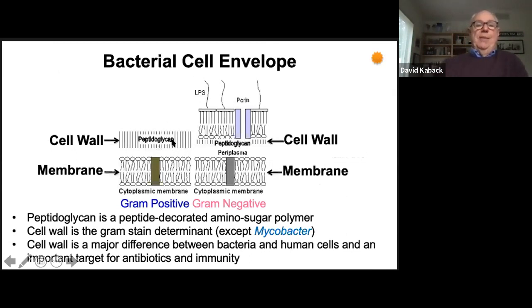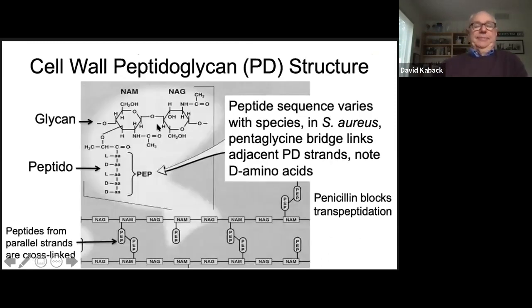And here is a gram-positive cell wall, and here is a gram-negative cell wall. And the gram-negative cell wall is actually much thinner than the gram-positive cell wall. But the gram-negative cell wall actually has an outer membrane that we'll talk about shortly. But let's first talk about the actual cell wall, which is comprised of what we refer to as peptidoglycan.